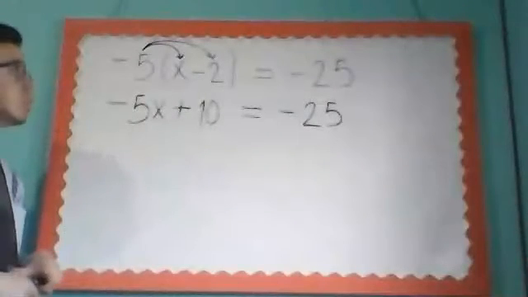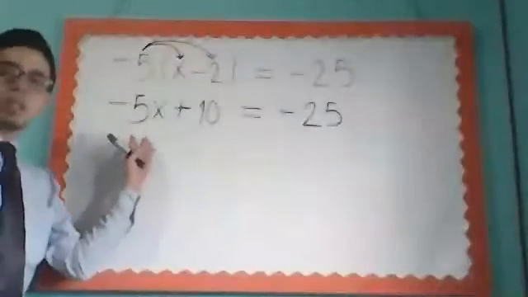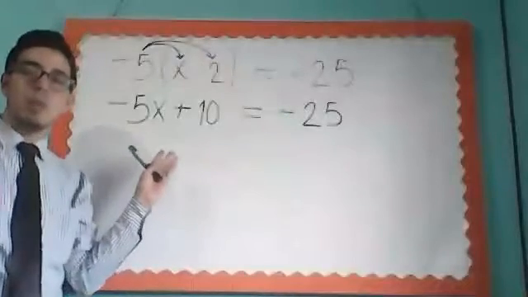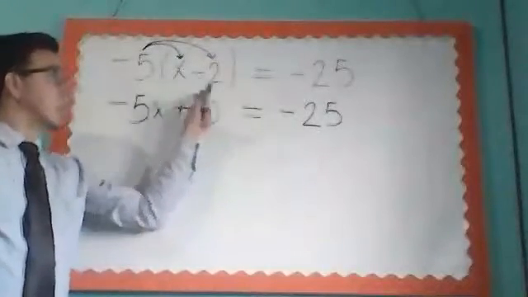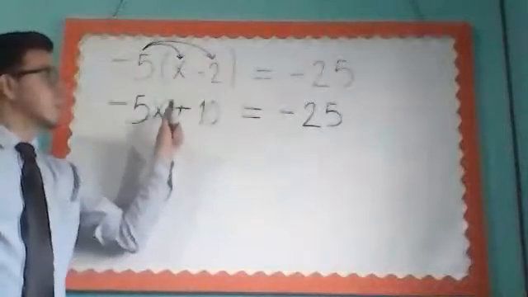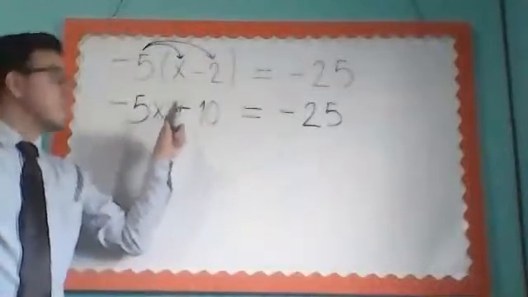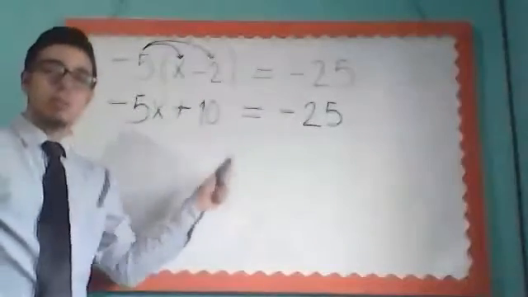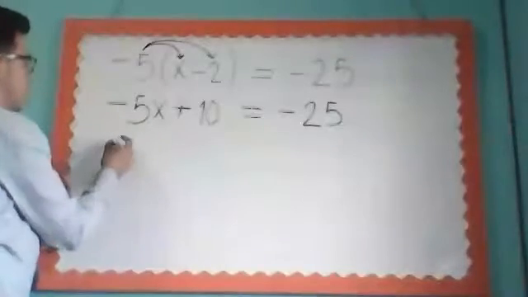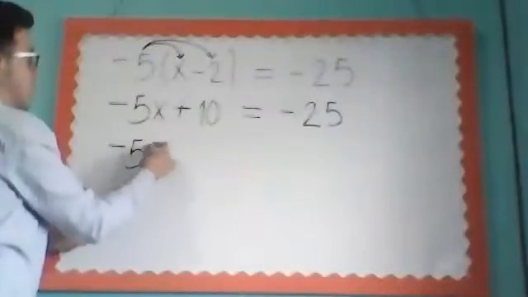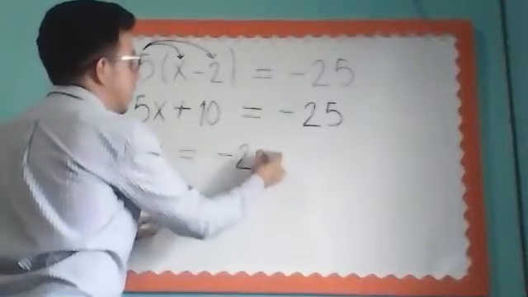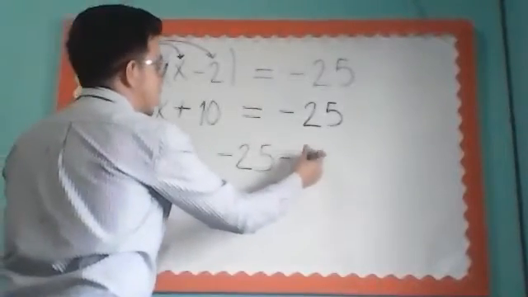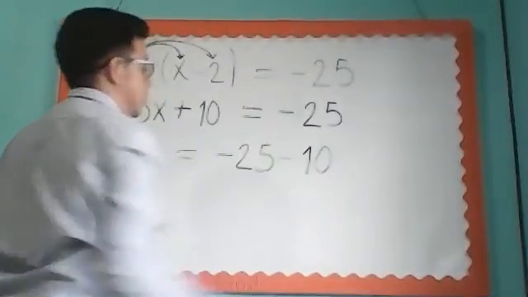Now, I need to write my variables on one side, and I'm going to keep the numbers on the other side. So the 10, in this case, is an addition. I'm going to pass it to the other side to subtract. Negative 5x equal negative 25 minus 10.